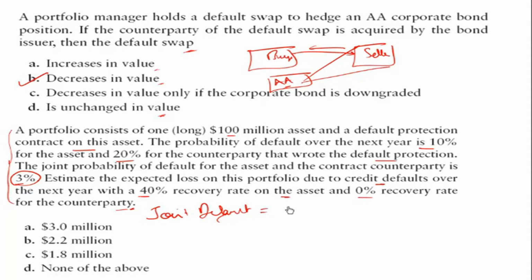So 3% of the time there may be a loss, and even if this default happens, the entire 100 million will not be lost, because we may not be getting anything back from the counterparty, but 40% can still be recovered on the asset even if it defaults. So 60% is the loss given default. So the expected loss would be $1.8 million.